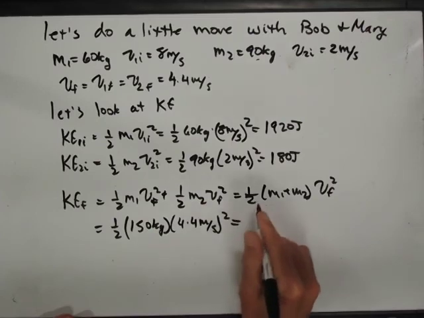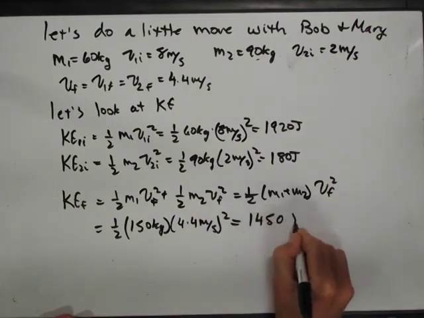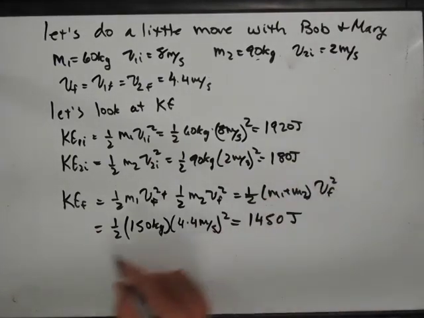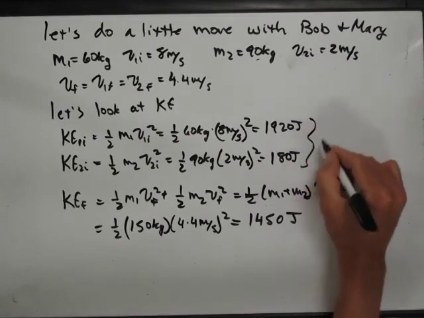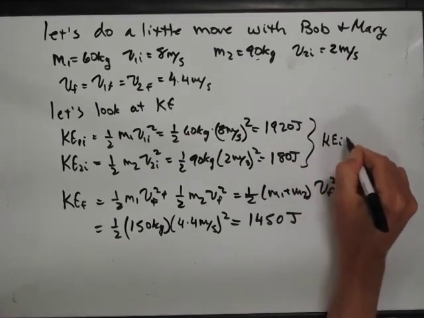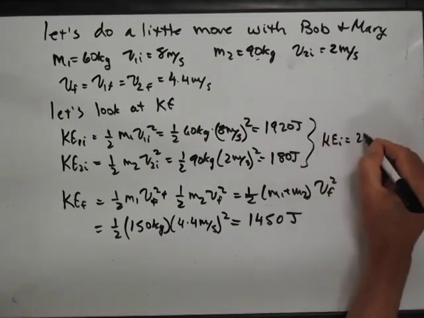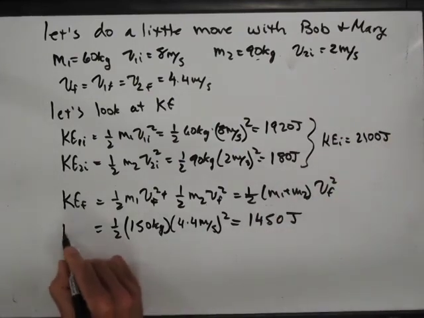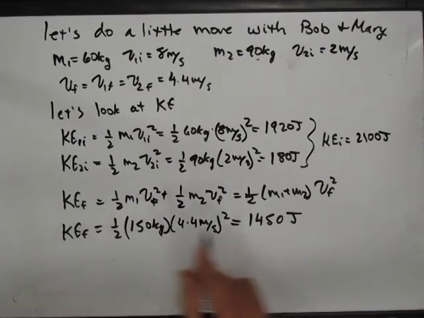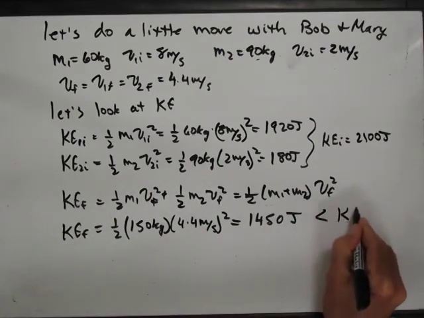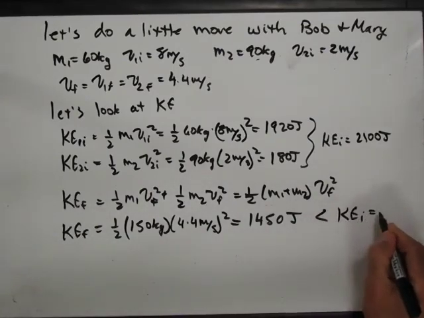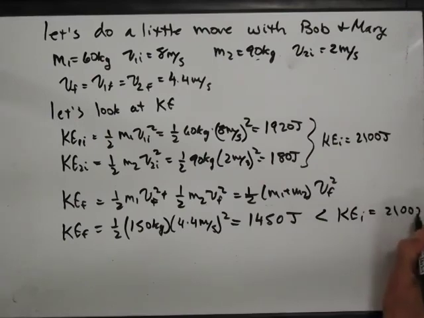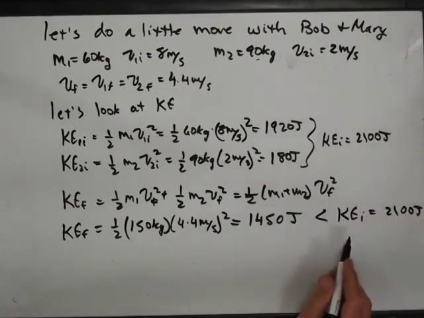And so this comes out to like 1450 joules. So if you add these two up, KE initial is the sum of those two, 2100 joules, and KE final is less than that, right? Energy was lost in this process.